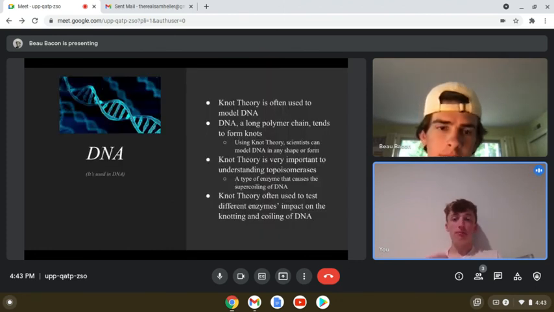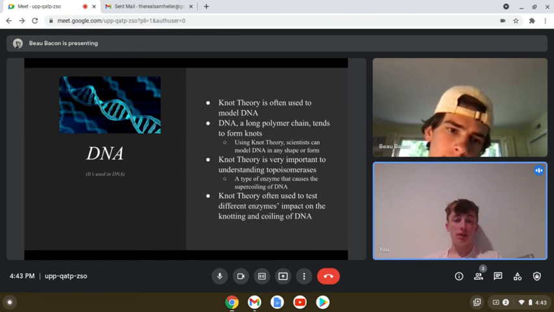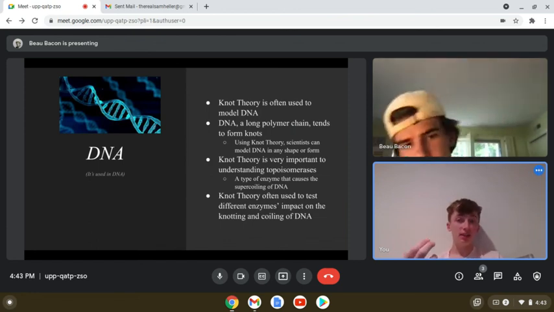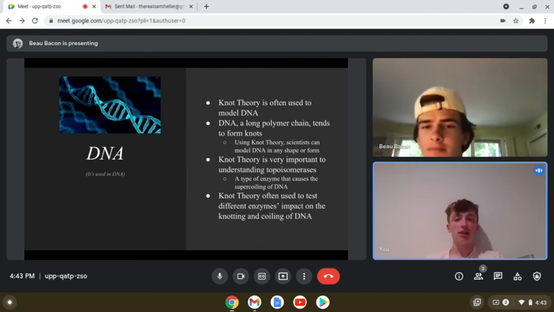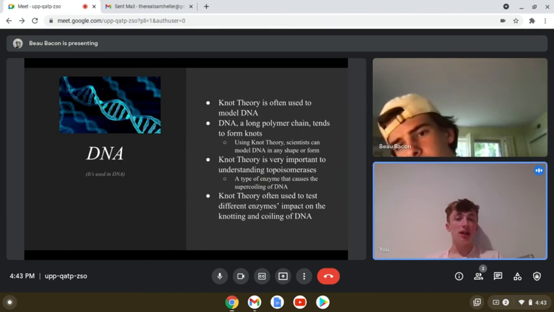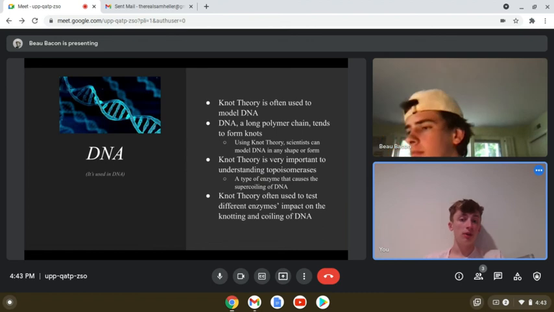So the main thing that we found for knot theory being used in modern day life is with DNA. Knot theory is often used to model DNA because DNA is a long polymer chain and it tends to form these knots. With knot theory, scientists can model DNA in any shape or form.